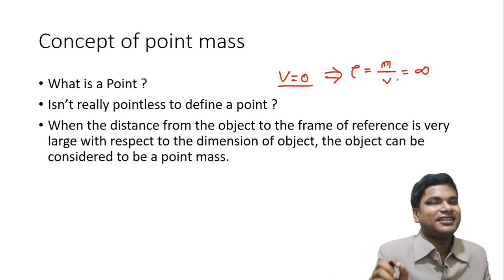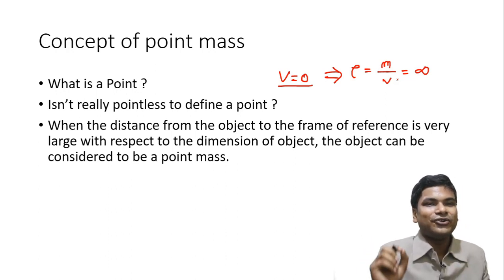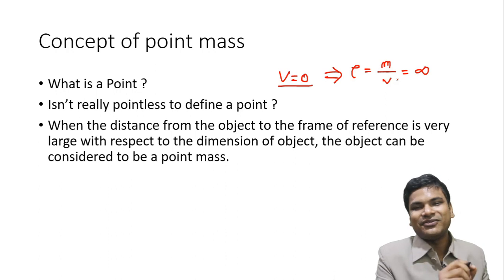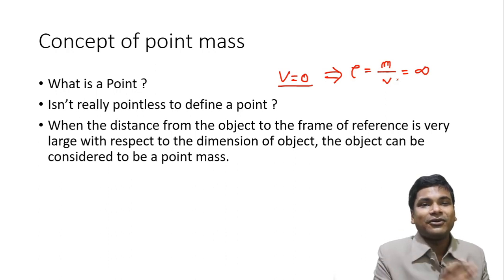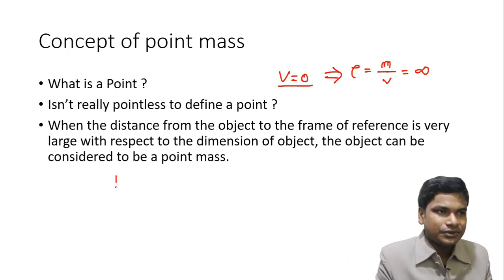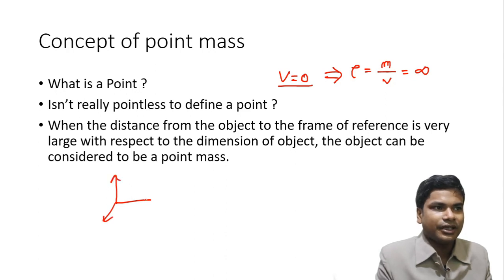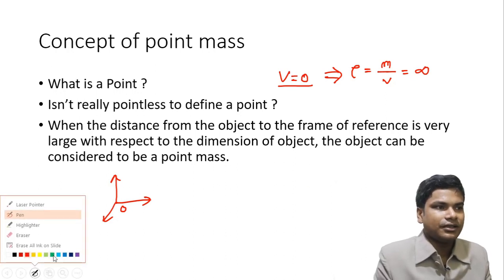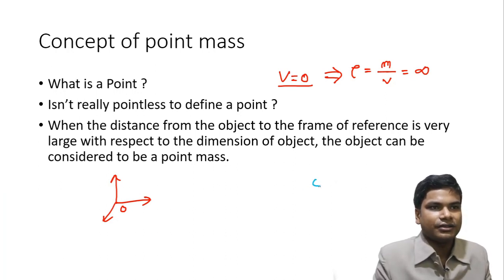To understand this, we need to get the concept of a reference frame, and from where we are going to observe things. So suppose this is your reference frame. This is your point O, and you are going to observe something which is placed over here.